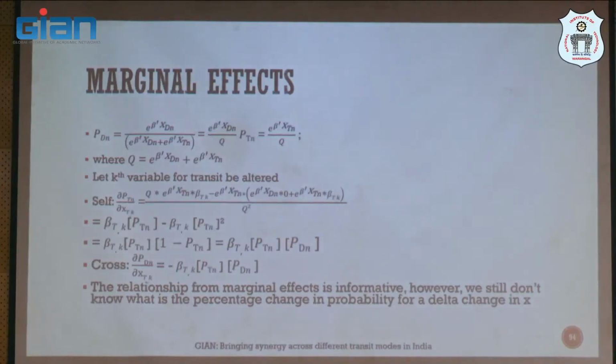So a more informative approach would be to figure out the percentage change in the probability of the alternative for a percentage change in x. So if travel time is 12 minutes, a small change means I'm changing it from 12 to 12.006. It's a continuous relationship in the limit and we will calculate it.